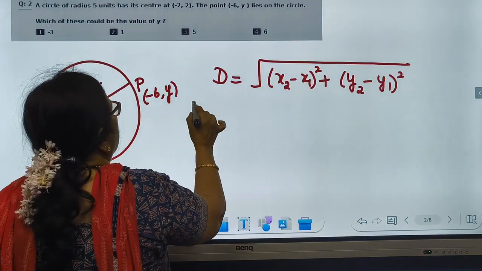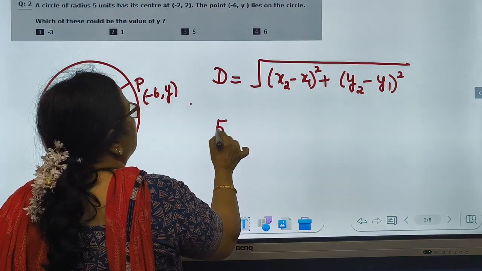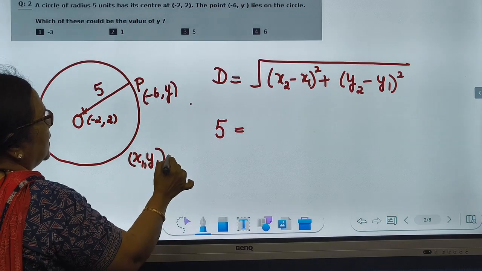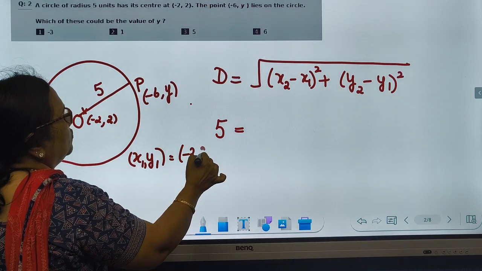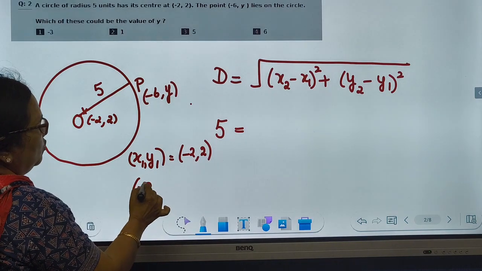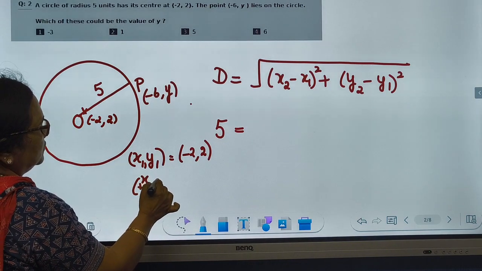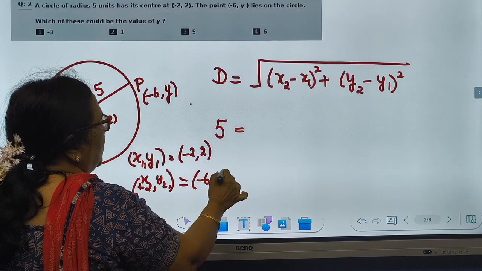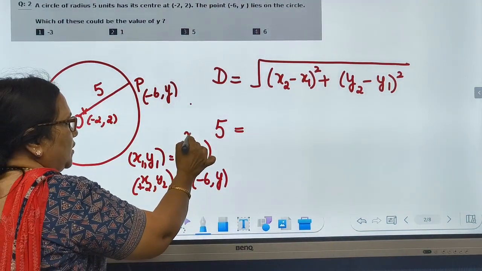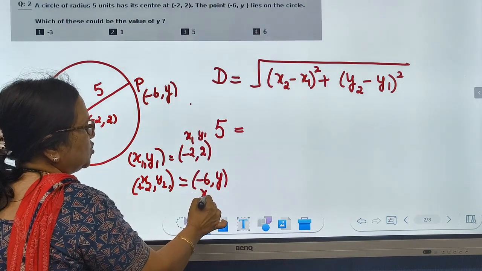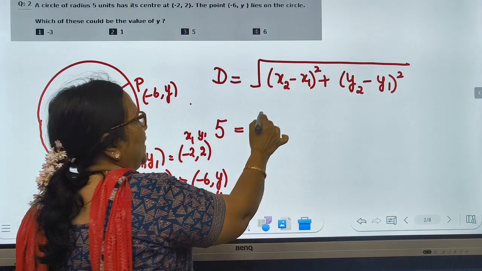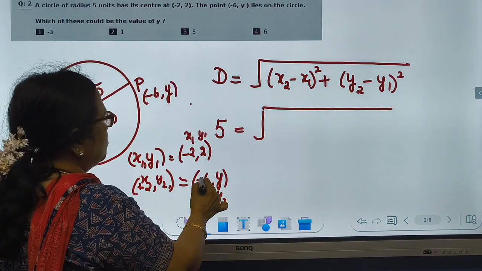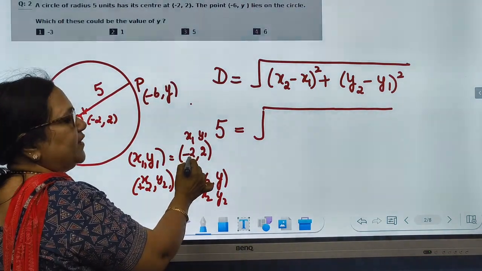Now, we have the distance as 5. And what is (x1, y1)? (x1, y1) is nothing but (-2, 2). (x2, y2) is equal to (-6, y). So 5 is equal to root of, what is x2 minus x1? -6 minus of -2.